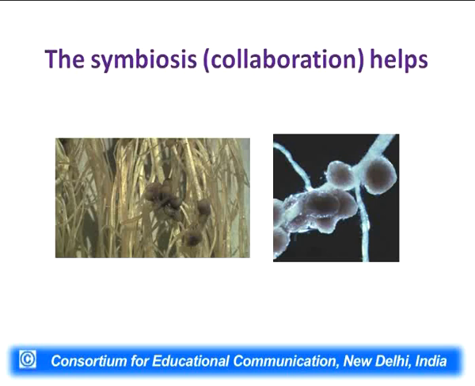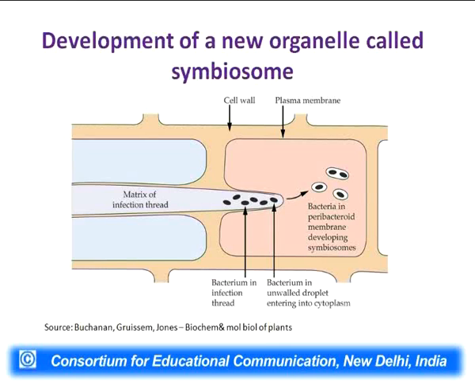That is how symbiosis works. This is symbiosome formation, where bacteria enter the host and get engulfed in a structure called the symbiosome, and the bacteria grow inside, which are then called bacteroids.